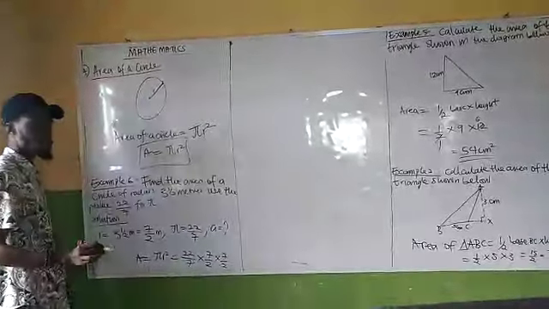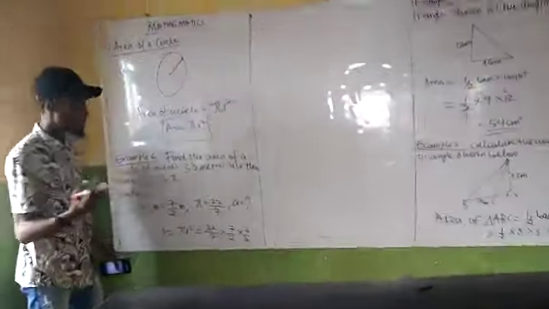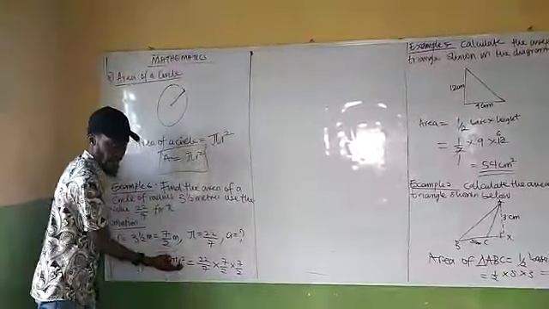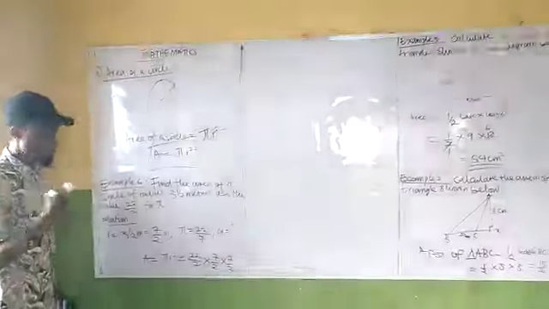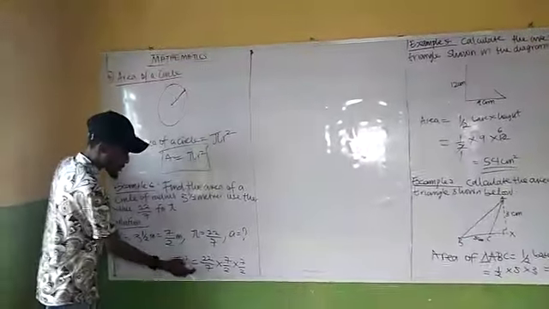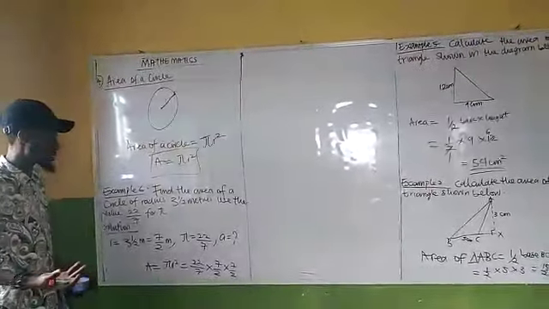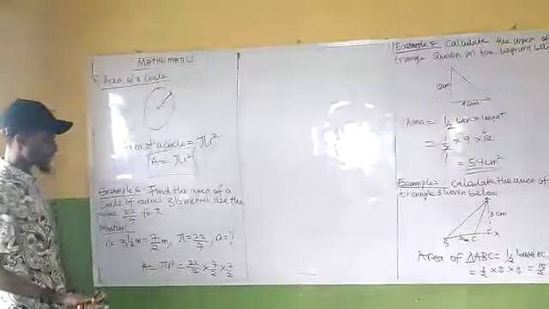One might be wondering why I choose to use 7 over 2 times 7 over 2. The reason is that your radius here happens to be squared, and the value of the radius is 7 over 2. So r square here means 7 over 2 square, which is the same thing as 7 over 2 times 7 over 2.